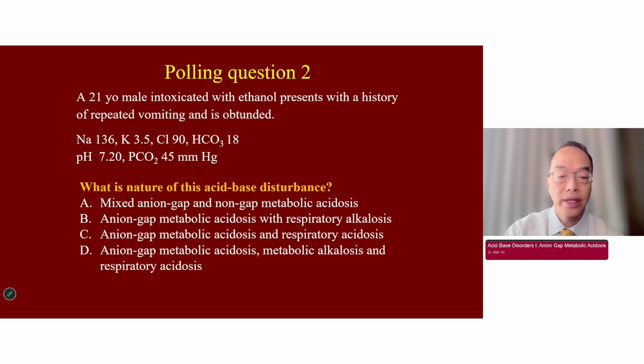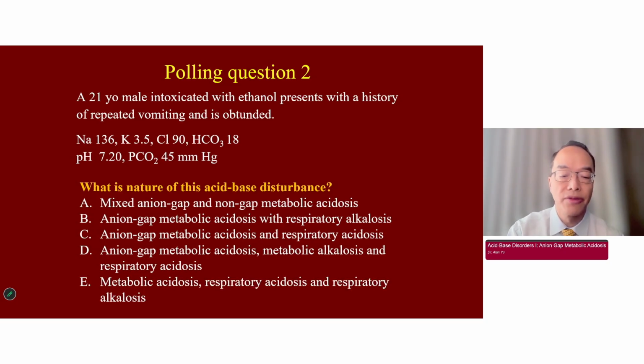So I think those are the 4 choices. No, there's a 5th choice, sorry, which you see below. And just so you know, these types of questions do come up on the boards. Usually there's one, and you have to go through this quite carefully. So I'll give you a second to work through this.